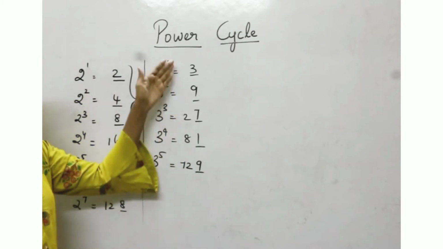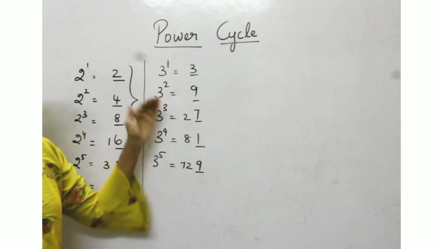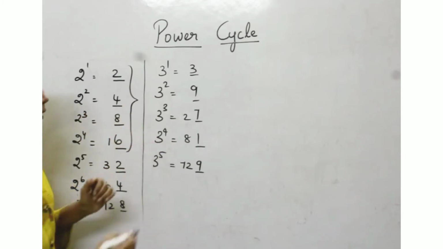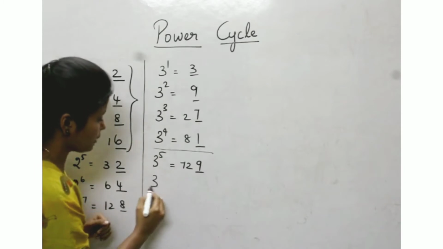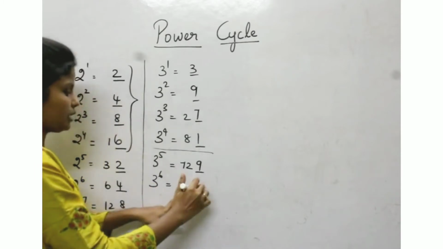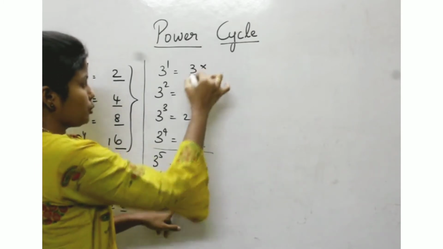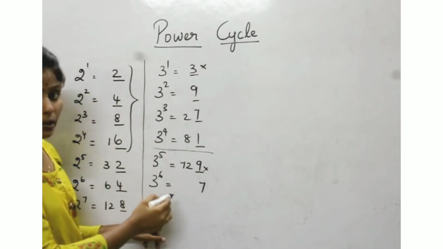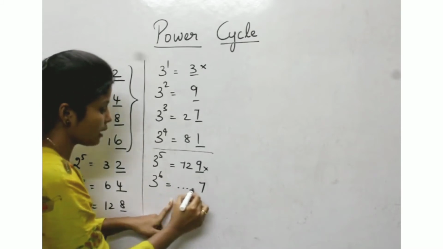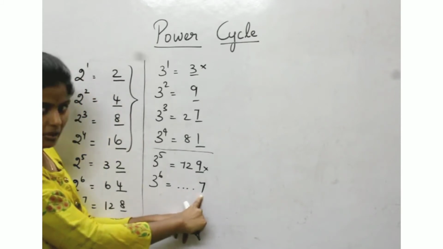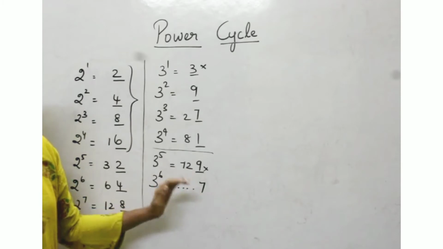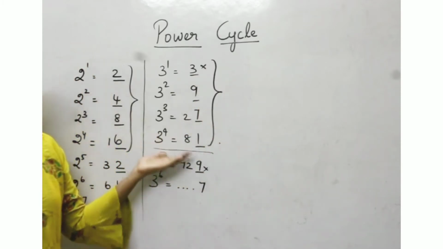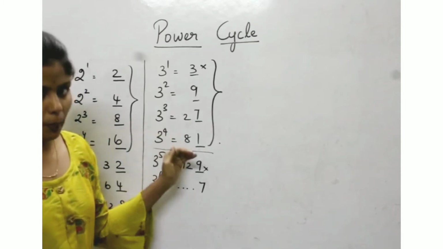So it's obvious that the unit digits are going to repeat for every 4 powers. Anyway, let's check 3 power 6, which is 9 into 3, 27. It's not necessary that you know the exact value of 3 power 6, but you know that the number would be ending with 7. That's the reason I say that the powers of 3 would repeat themselves for every 4 powers.